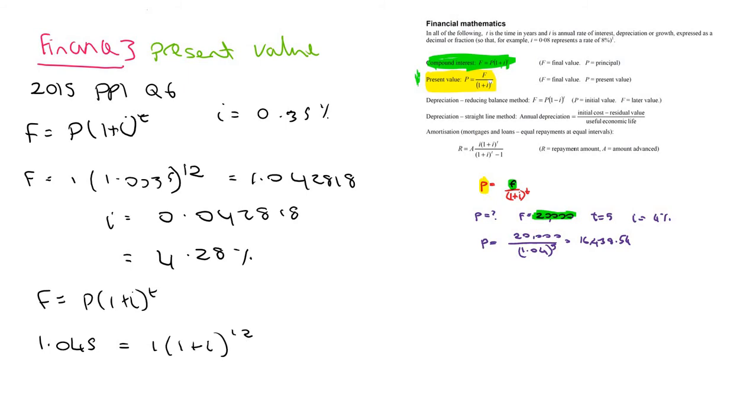So we take the 12th root through both sides, just like we did in the last question. So our interest rate per month is going to be 1.045 to the power of 1/12 minus 1. And that gives me an answer of 0.00367, which is 0.367%.